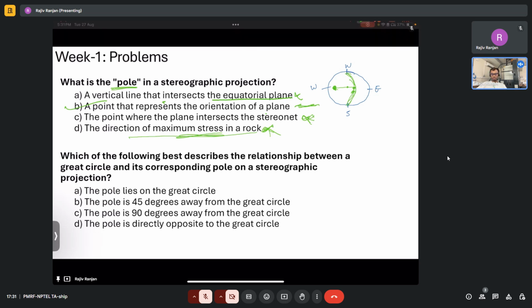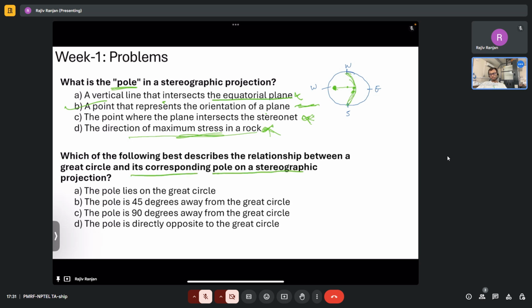Let's go to the next question. Which of the following best describes the relationship between a great circle and its corresponding pole on a stereographic projection? Which one of these four options will best describe the relationship?